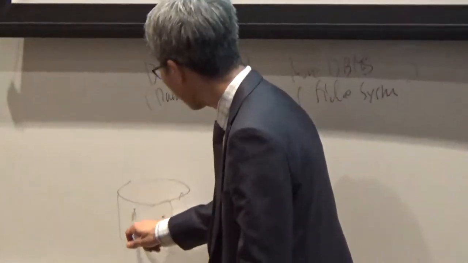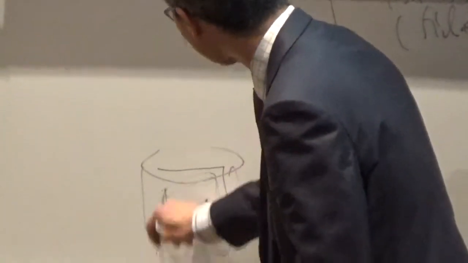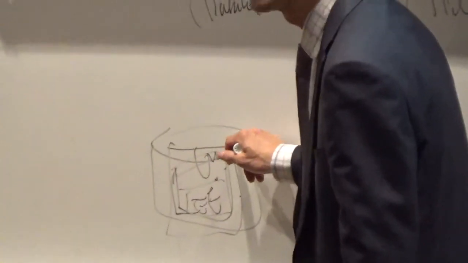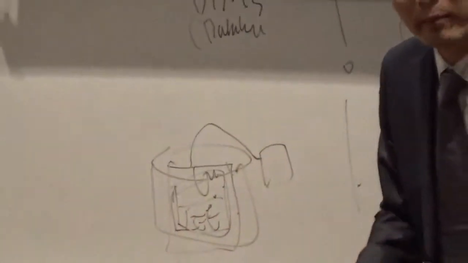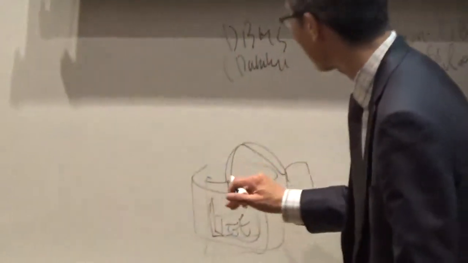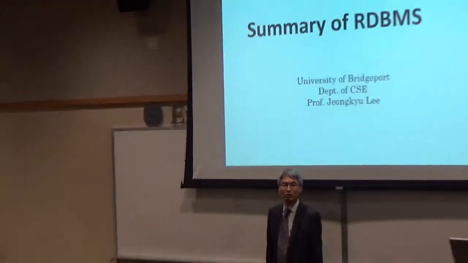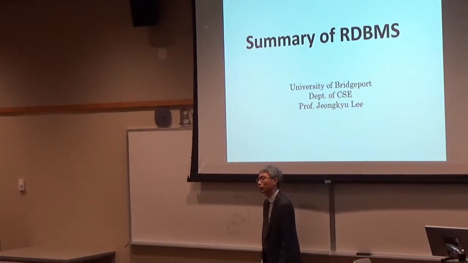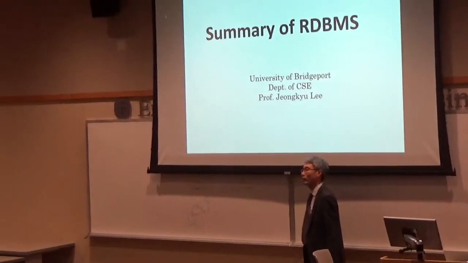Then this data structure will be managed by the specific DBMS, like Oracle. Then we need to have the application program to access this one. In case of RDBMS, we need to use SQL. SQL is the only way to access the relational database system. Then finally, return the value to the user.